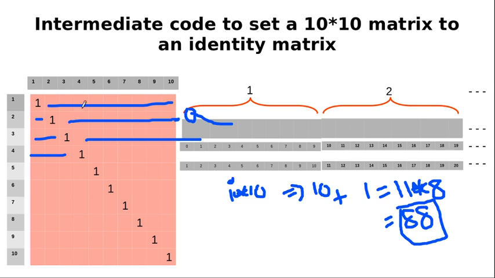But this beginning address is 0, next beginning address is 88, next beginning address is 176, and so on. So this is my row number according to the system, according to the machine, it is 0. 0 into 88, it is the 1, 1 into 88, next one 176, 2 into 88.